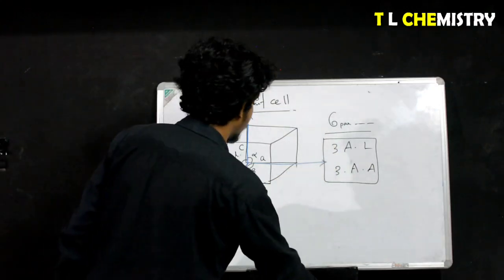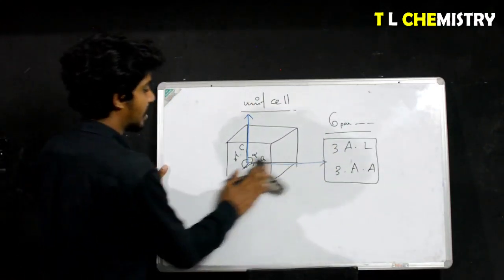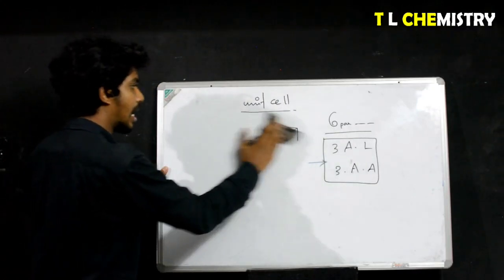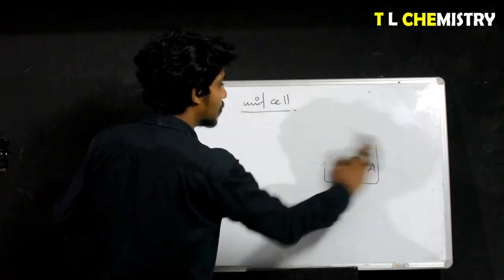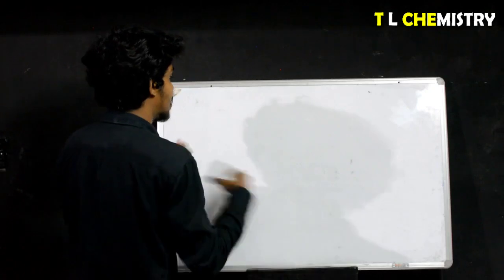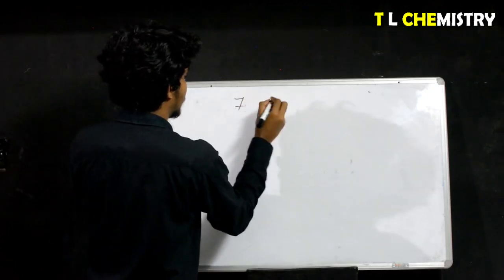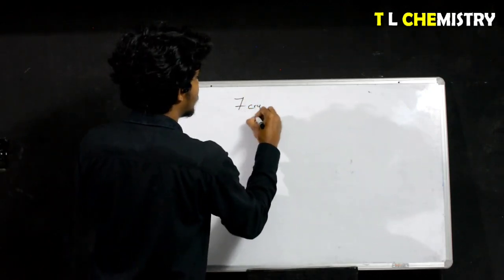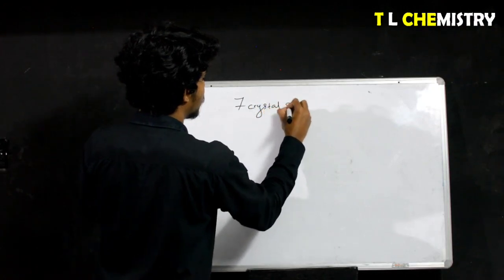On the basis of the difference between the axial length and axial angle in a unit cell, there are 7 crystal systems.